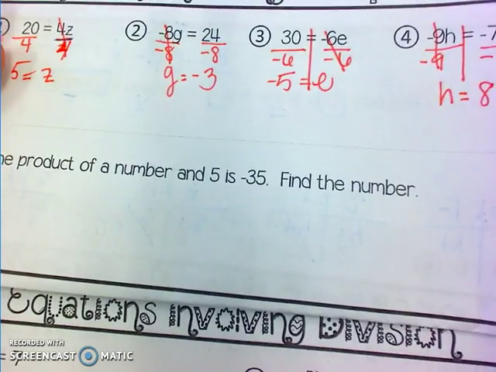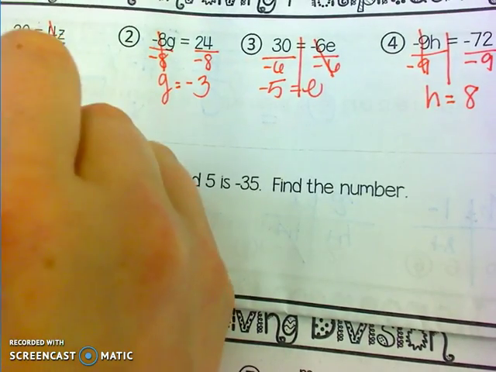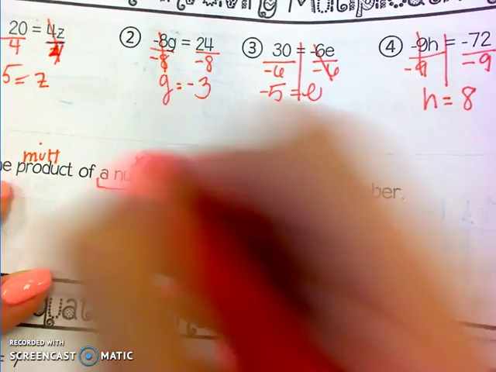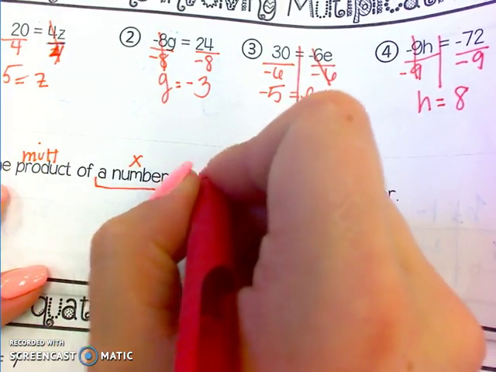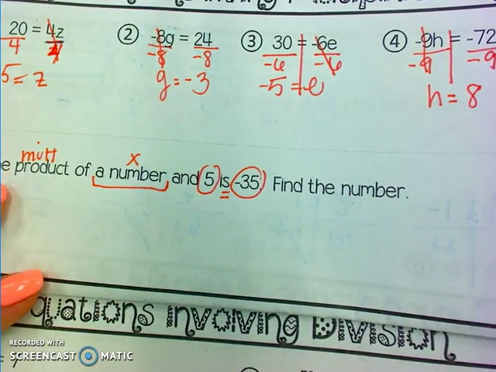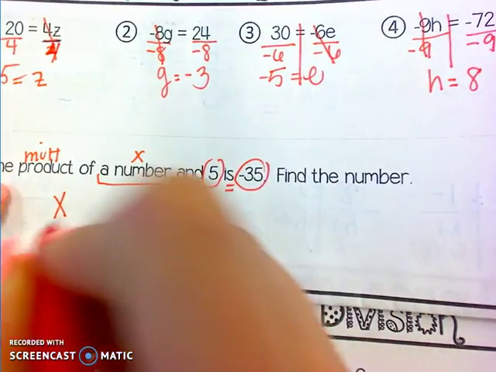And we got a word problem. The product of a number. So product means multiply, of a number. I don't know what that number is. We'll call it X. And 5 is or equals -35. Okay? So I don't know what the number is, but it's X times 5.